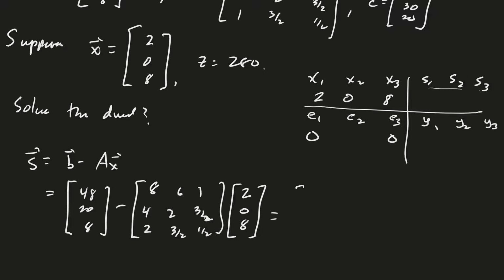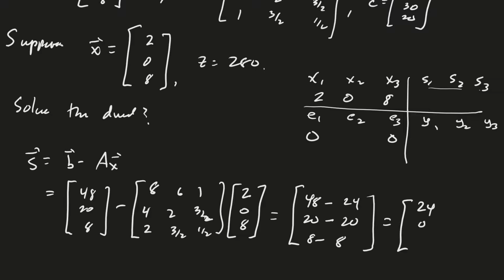So if I continue that, that's going to be 48 minus 16 plus 0 plus 8, which is 24. That's going to be 20 minus 8 minus 0 plus 12, which is 24 over 12... that's 20 minus 20, so that's going to be 0. That's 8 minus 4, 0, 4, that's another 0. Okay, so we get 24, 0, 0.